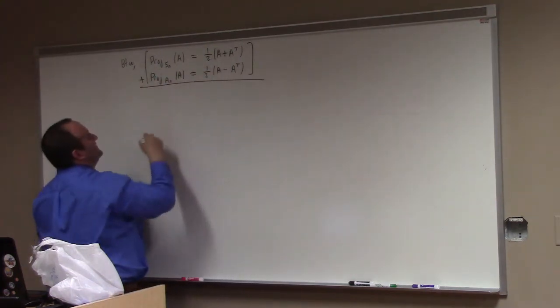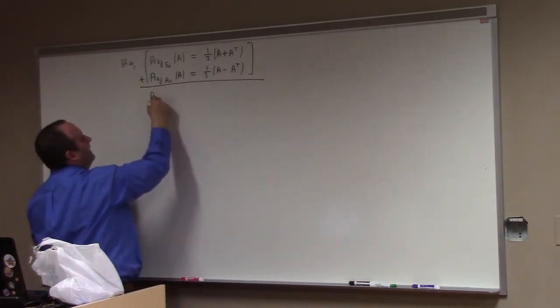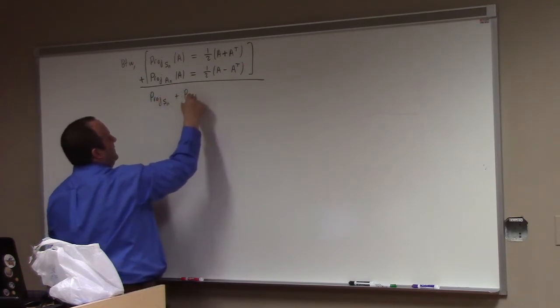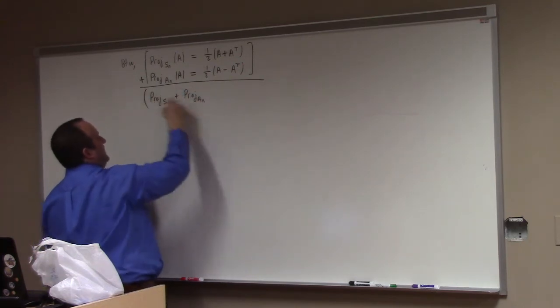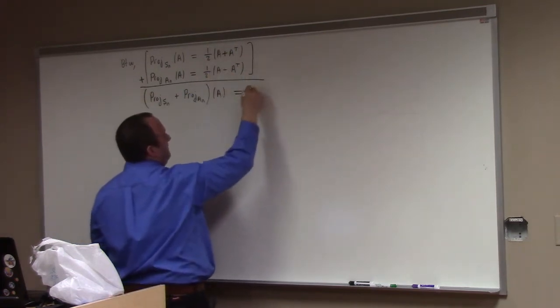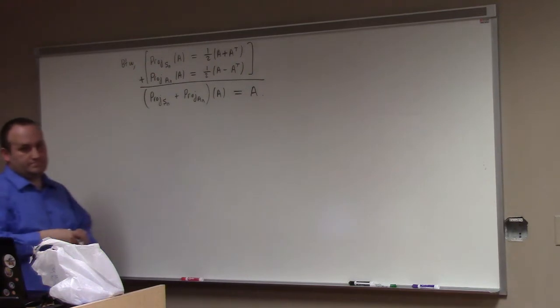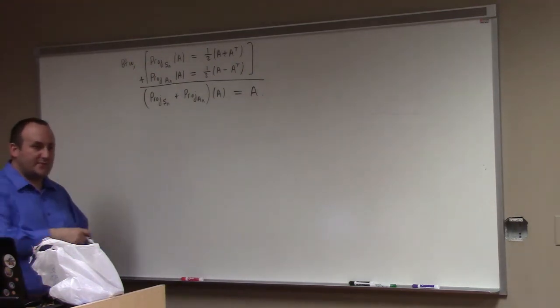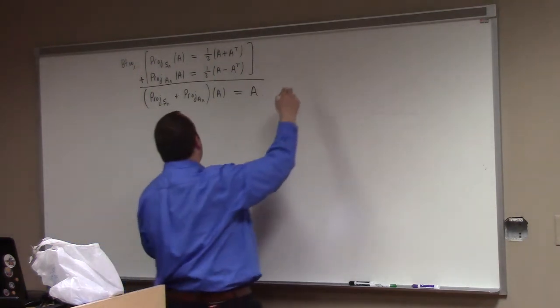What do you get? The projection onto Sn plus the projection onto An, all of that acting on A equals A. So that says that the sum of the projection operators onto the subspaces which are complementary is the identity operator.